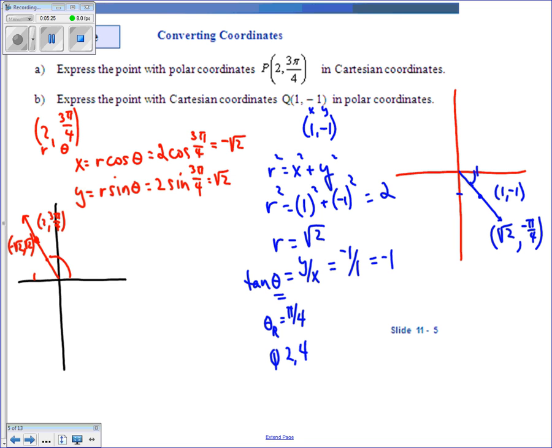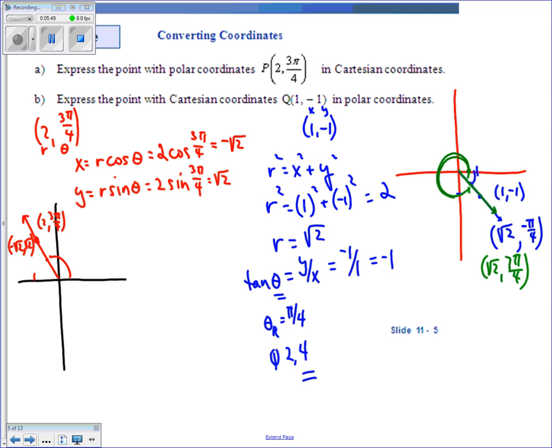Or if I want to use the fact that it's in quadrant 4, I could come all the way around and say that this angle from the x-axis would be 7 pi over 4, and the terminal side again would point that way, so the square root of 2, 7 pi over 4 is another way to give it. And that's the more common way that you'll give the answer.